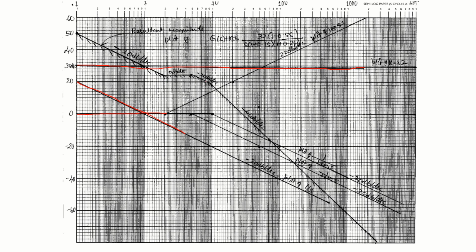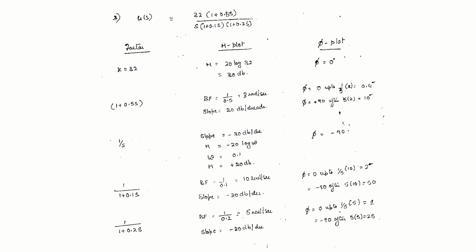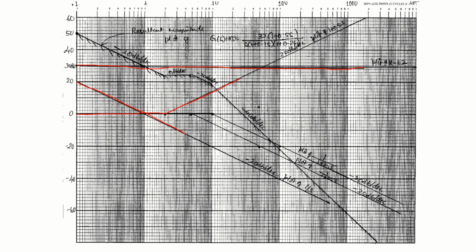Then 20 dB per decade, join this. Next is 1 by 1 plus 0.1 s, that is up to 10. Then minus 20 dB per decade.